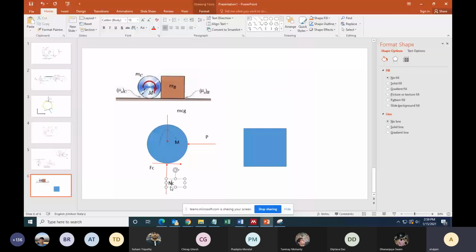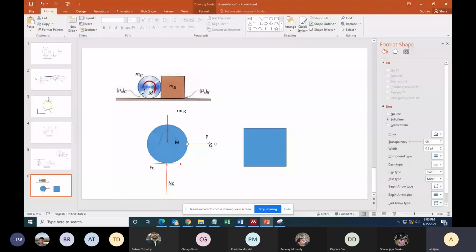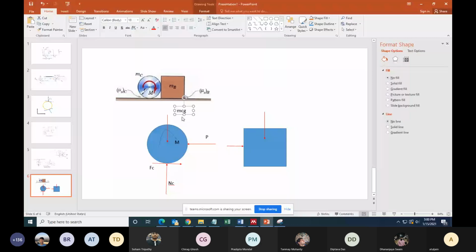Is there anything else? Now, similarly in this box, what can I have? Equal and opposite P. MBG.